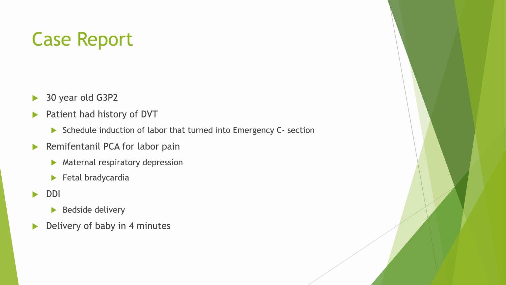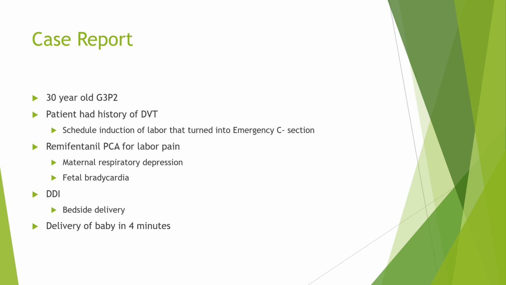In conclusion to this case report, her difficulty to mask bag was actually due to a medication error where the remifentanil concentration was 10 times higher than normal and was incorrectly labeled on the syringe by pharmacy. As a result, for her labor pain, she was bolused 400 mics instead of 40 mics.